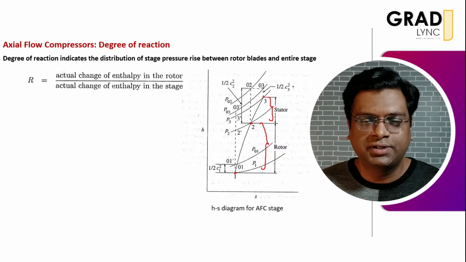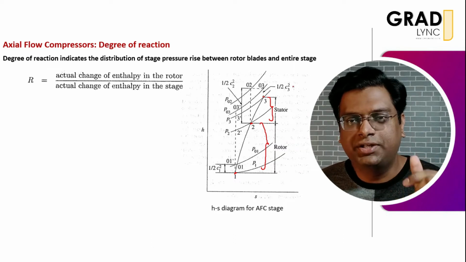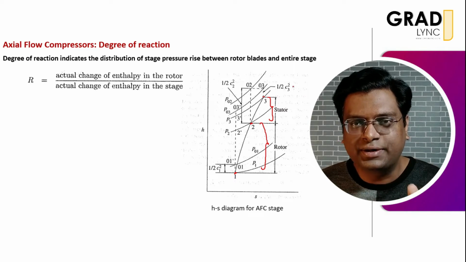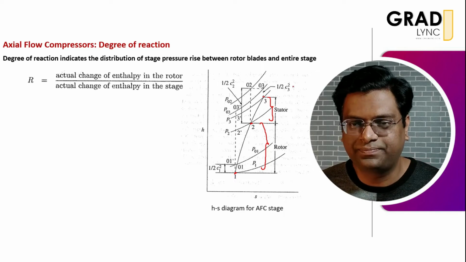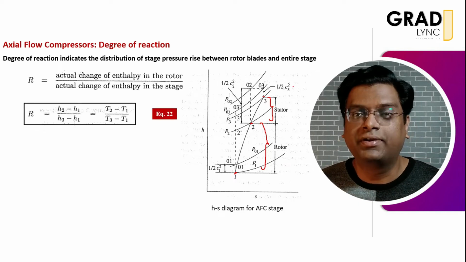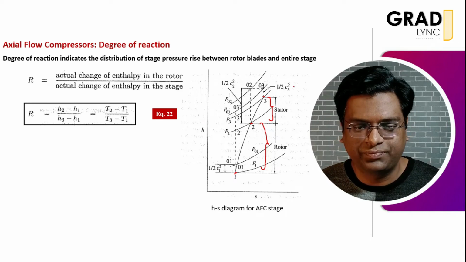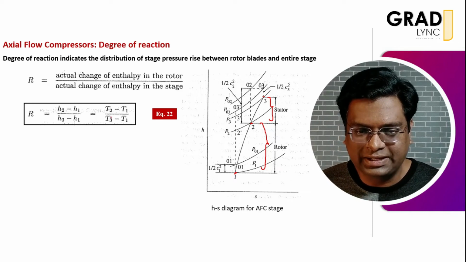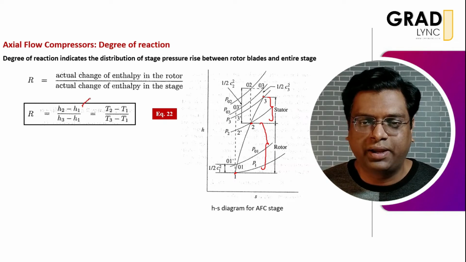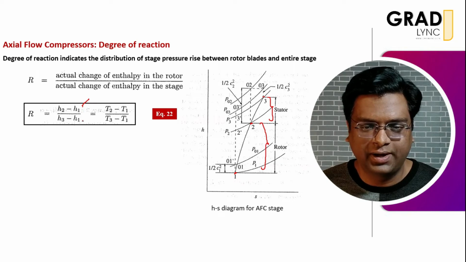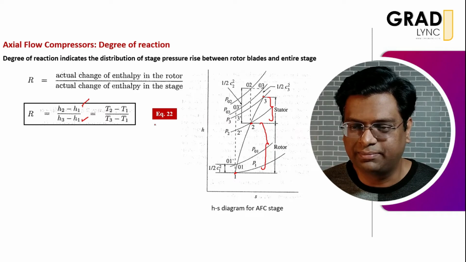So remember this point. The degree of reaction is always the ratio of the change in pressure in the rotor to the change in overall pressure in the entire stage. Now I can represent this in terms of enthalpy as well as temperature change. The enthalpy change in the rotor is represented by H2 minus H1, and the enthalpy change in the entire stage is H3 minus H1.